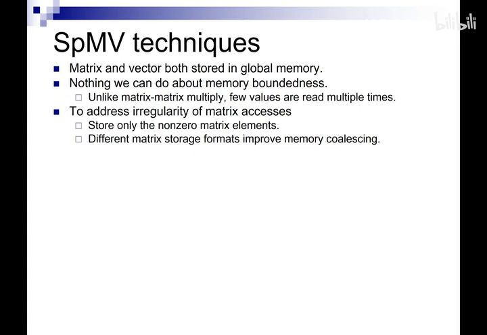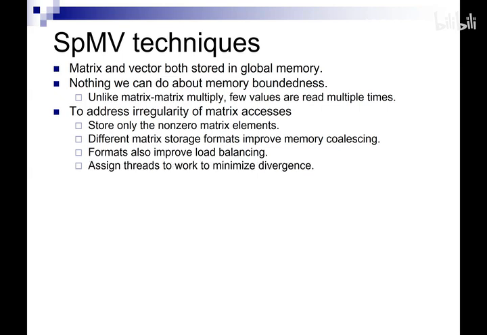Some of these storage formats can also help us improve load balancing when you compute on the matrix. And then also we can assign threads in a way to minimize the divergence between the threads. So we can try to ensure that the threads will be doing the same operations.